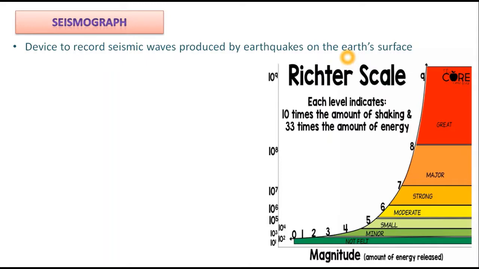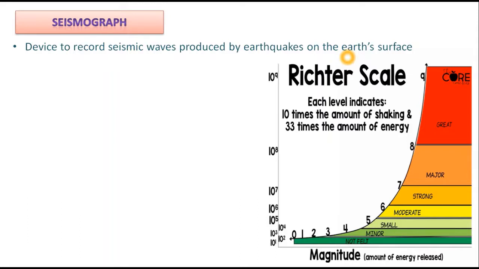So anything associated with earthquakes, there the term seismo is used for that. For example, seismograph, seismic waves, seismic zones. So this word is used for that. So due to the movement of the earth, waves which are produced, those waves are called seismic waves, and we make a note of those waves.